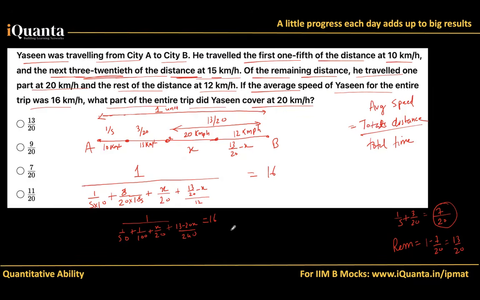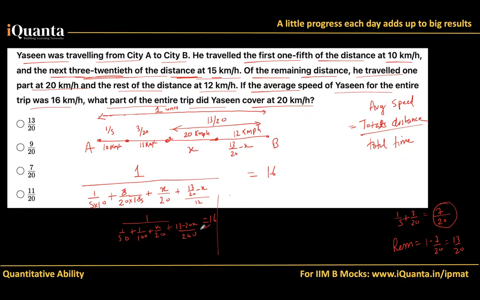I hope this is clear. Now we just have to solve it. If we take the complete LCM, we get how much? Or let's do one thing. We know that this entire thing is equal to 16, right?